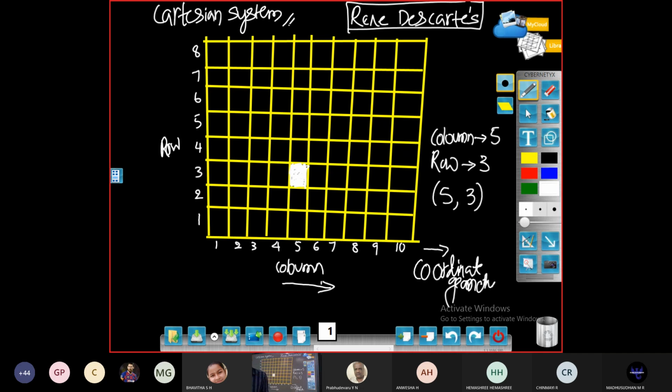So this is the major reason for the discovery of the chapter coordinate geometry, and this method of locating a point using two pieces of information is called the Cartesian system.